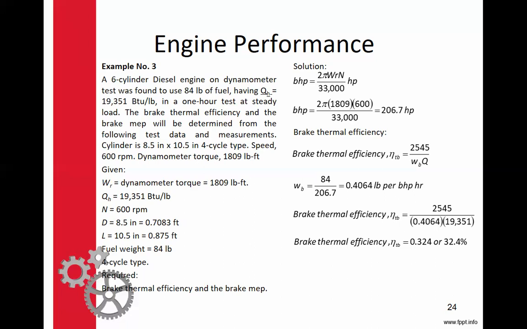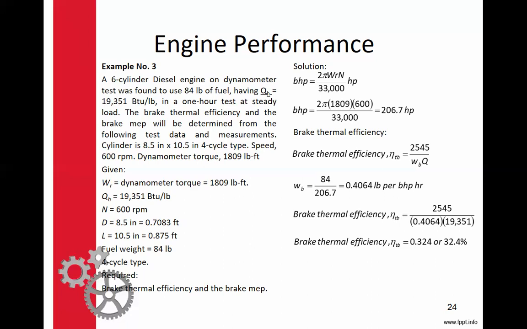Solution. So the brake horsepower is 2 pi WRN over 33,000, which is 2 pi times 1809 times 600 over 33,000, is 206.7.